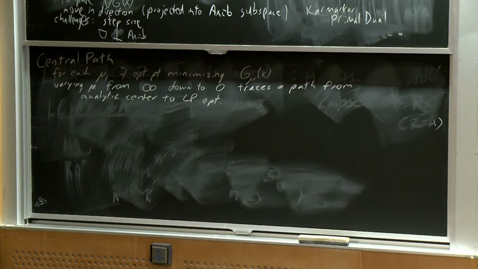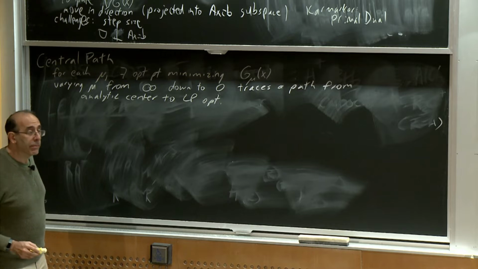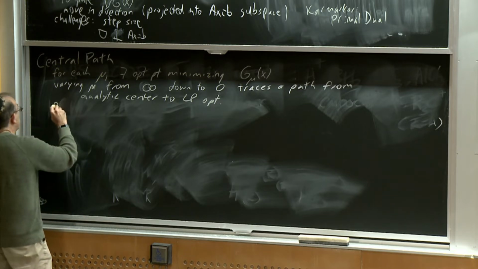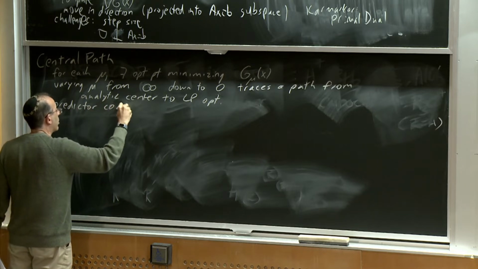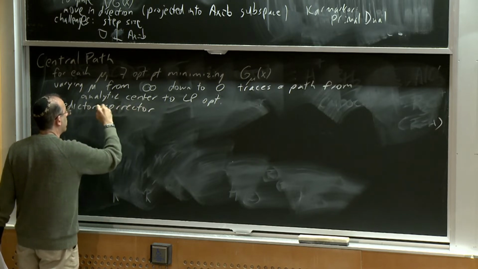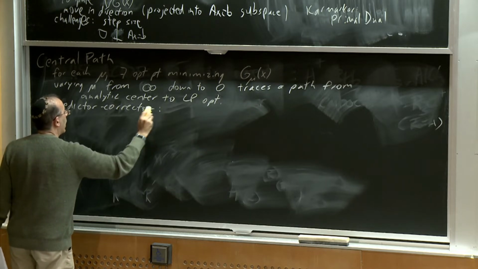Okay? And so central path algorithms actually trace out this path algorithmically. A particularly common approach is what's known as the predictor-corrector approach, which is, again, a kind of gradient descent.